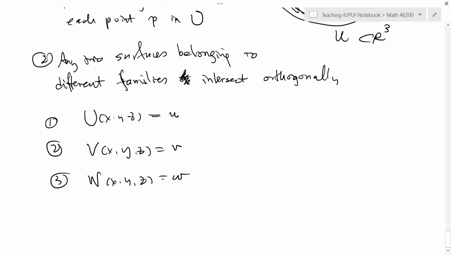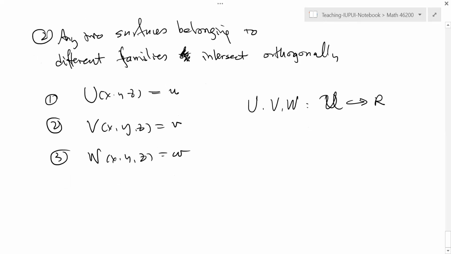So the first property, I think, is automatically satisfied because U, V, W are functions defined on this open set. So at every point, you can always find a level surface passing through that point in each family. Now, what is important is that they are perpendicular at any point.